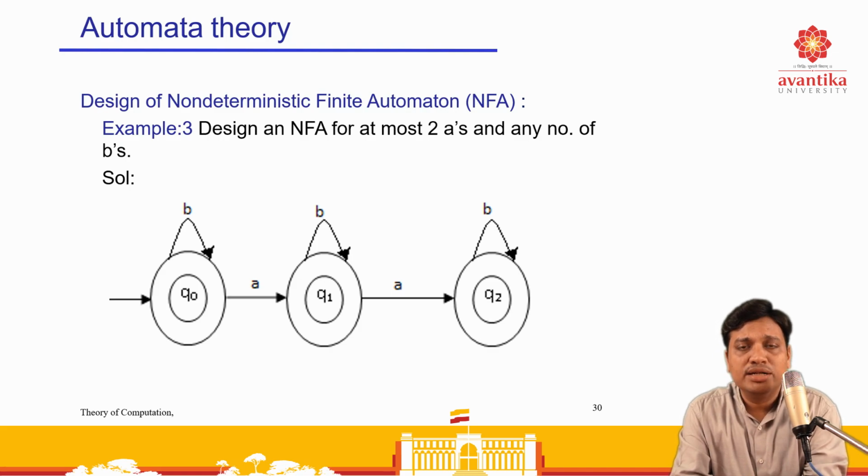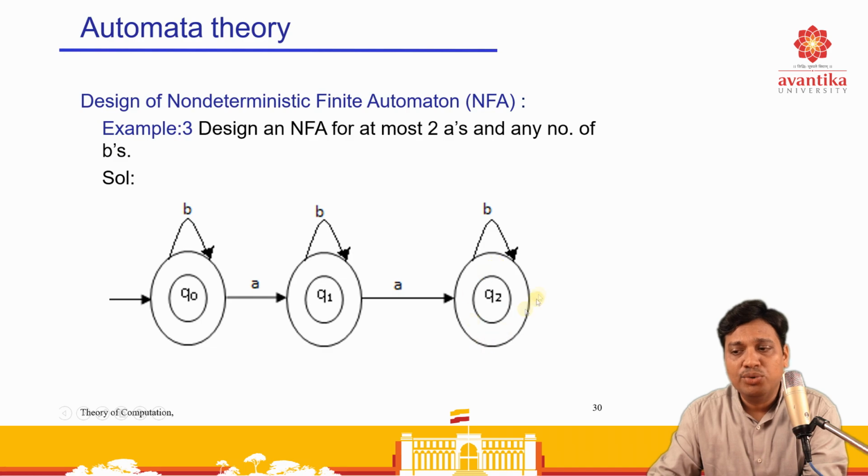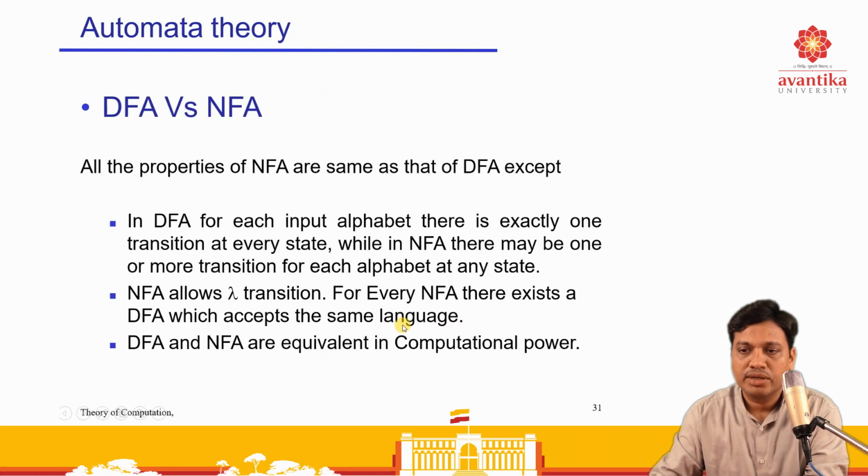There is no condition on B. In that particular case, Q0 is also a final state, Q1 is a final state and Q2 is also a final state. So Q0, Q1 and Q2 are all final states in the NFA for at most 2 A's and any number of B's. Now moving forward, the basic difference between DFA and NFA.